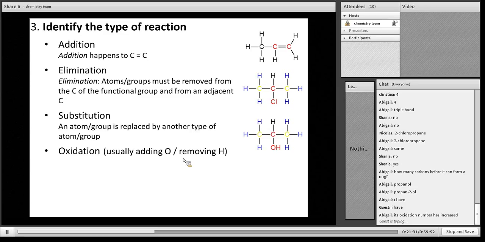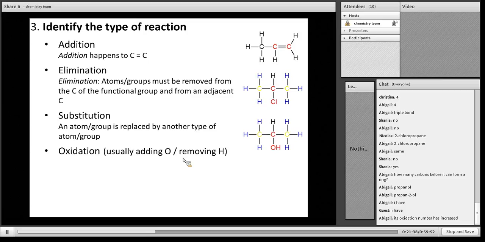Now that is still happening here with organic. So we're still having a change in oxidation number. The problem with organic is that the oxidation number of some carbon atoms change, and of others it doesn't. So for instance, if I oxidize this carbon atom, then the oxidation number will change, but the yellow carbons will still stay the same.